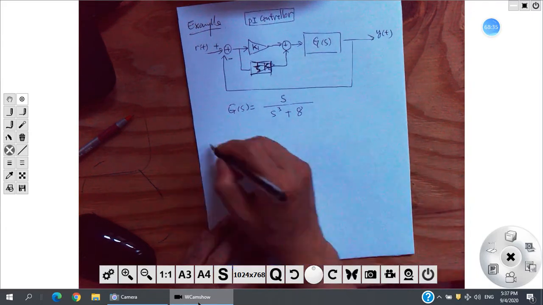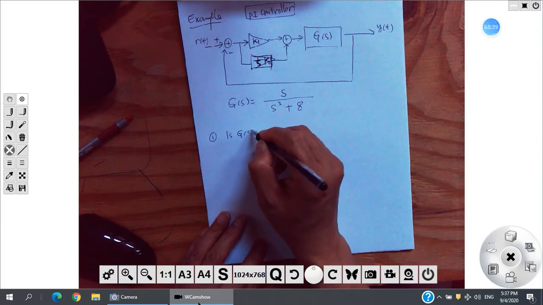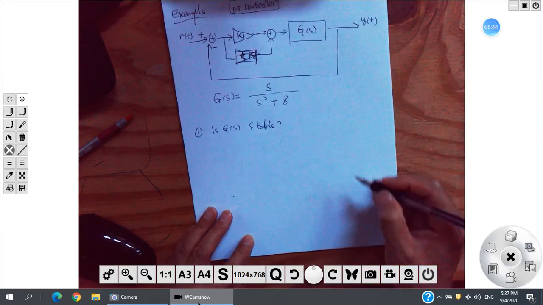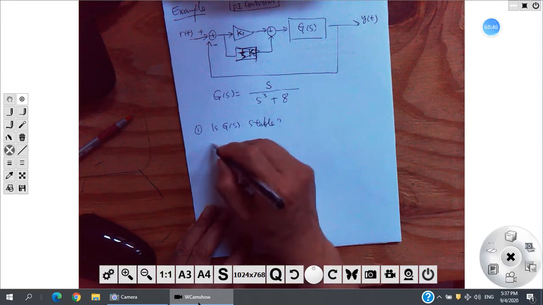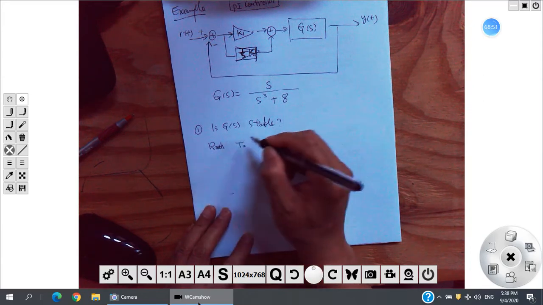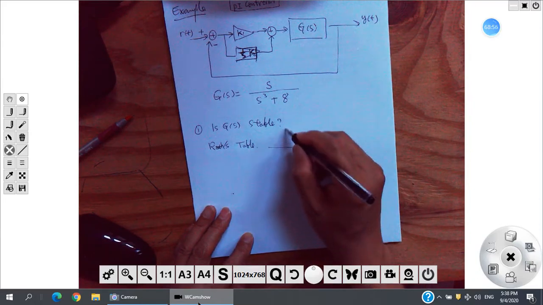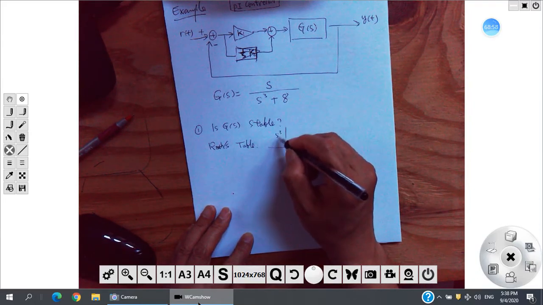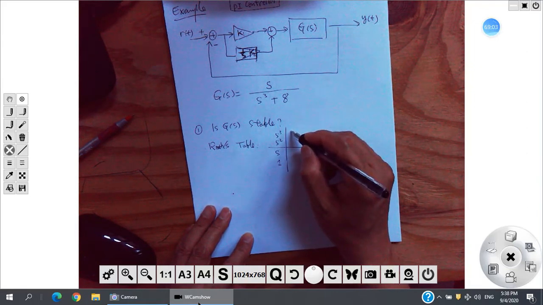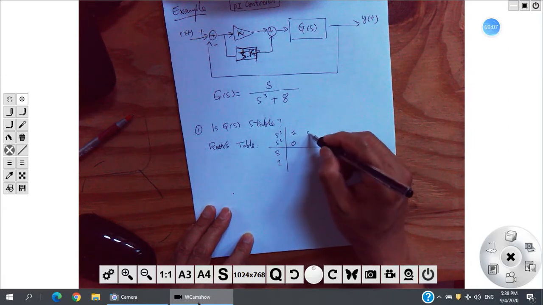So the first thing we want to check is, is g of s stable? We use a table, the Routh table. I have s cubed, s squared, then s, then 1. Here s cubed is 1, no s squared term, no s term, then the constant term.